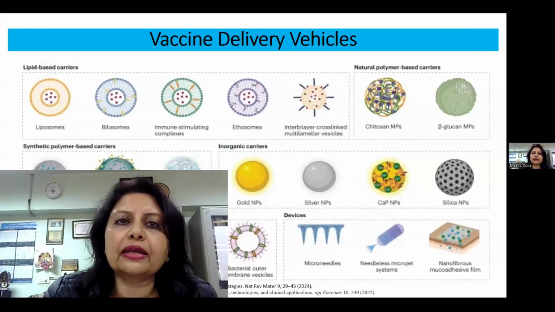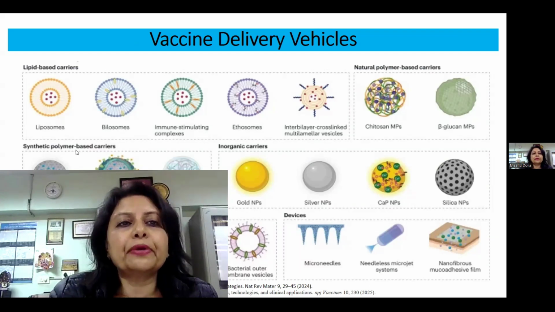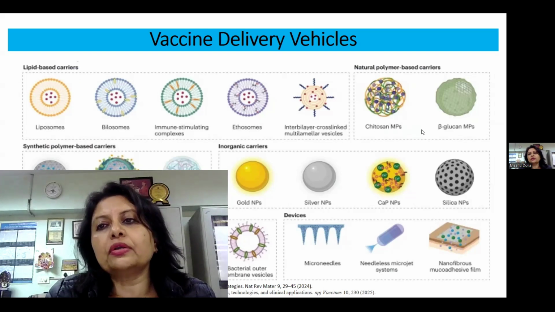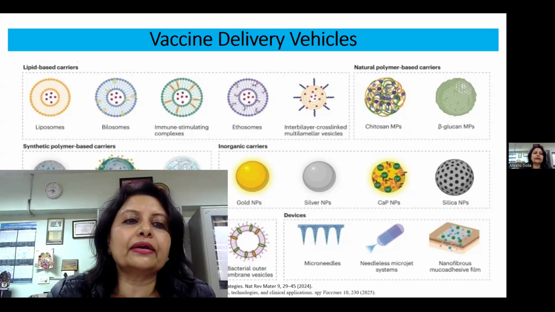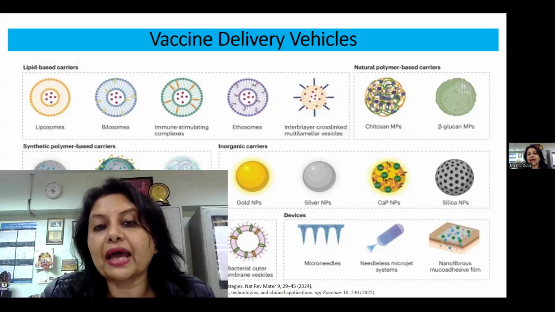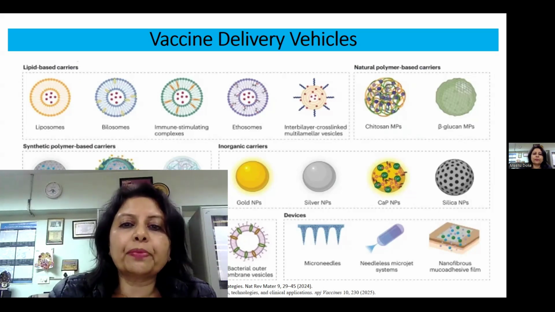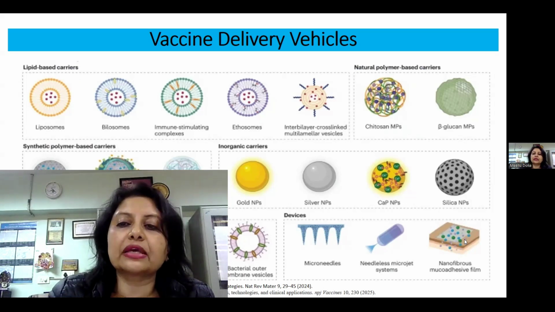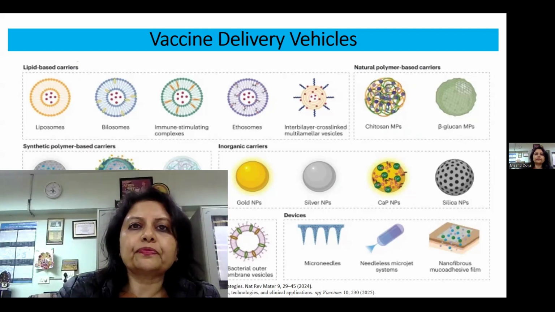And some of the vehicles which are being studied for vaccine delivery include the lipid-based nano carriers such as the liposomes, the natural polymers such as chitosan, beta-glucans, synthetic carriers like the polymers and the polymer lipid hybrids, inorganic carriers like gold and silver, pathogen inspired carriers, and a few devices are shown here where they are being investigated to deliver vaccines to the mucosa.